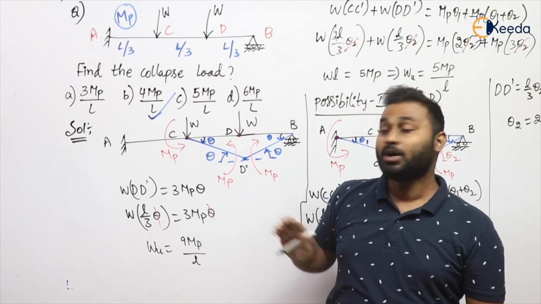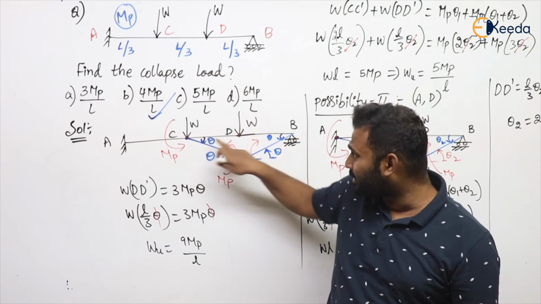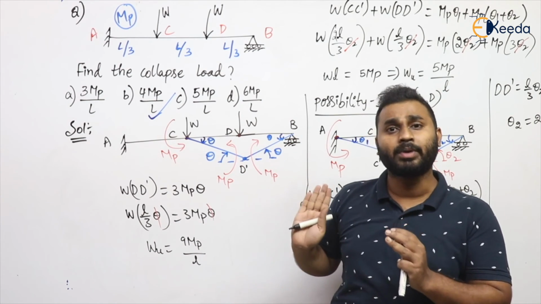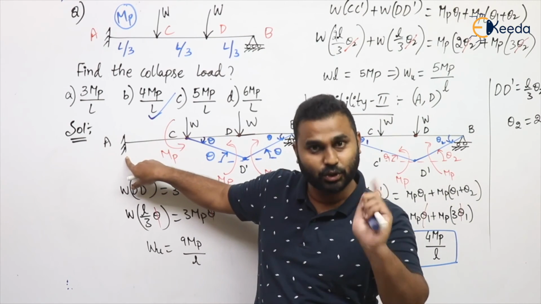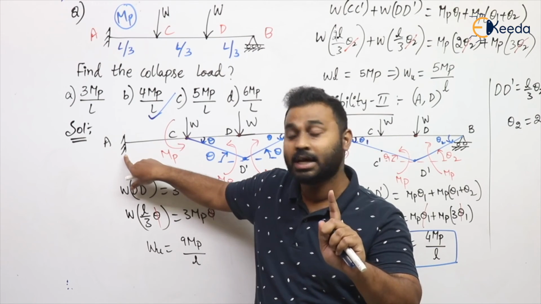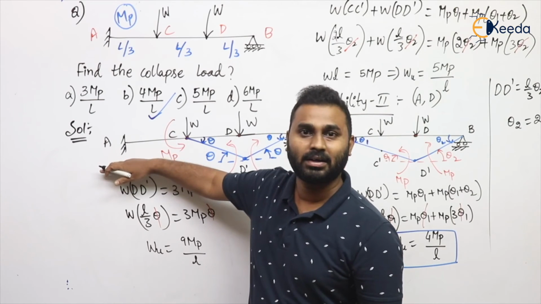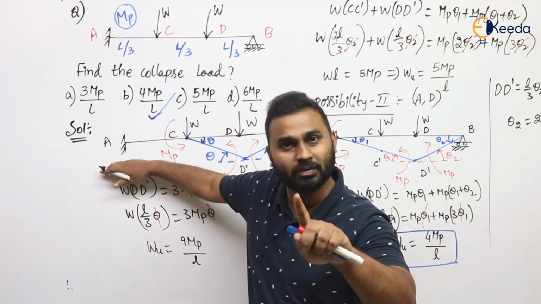Because of that reason, we always eliminate this possibility. What is that possibility? Formation of plastic hinges under these two loads. Apart from this, we go for assuming formation of a hinge for sure at the location of the fixed end. That is the reason we always fix the fixed end as a possible location of the plastic hinge.